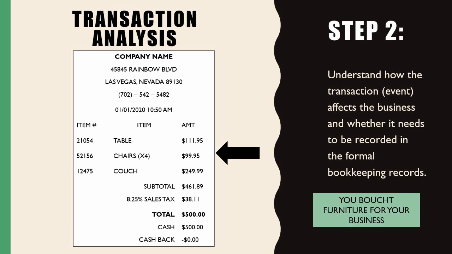In this case, we took a look at the receipt. We ended up buying furniture for our store. That is analyzing and understanding what the transaction is about and how it affected my business. Well, that means my business has furniture now.